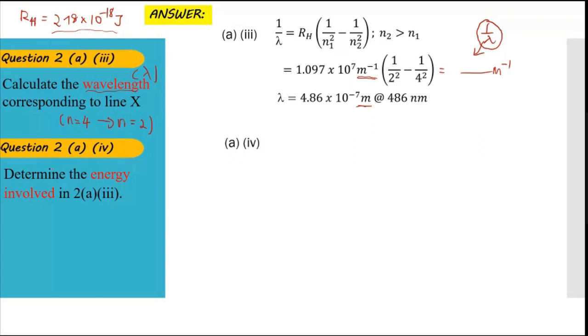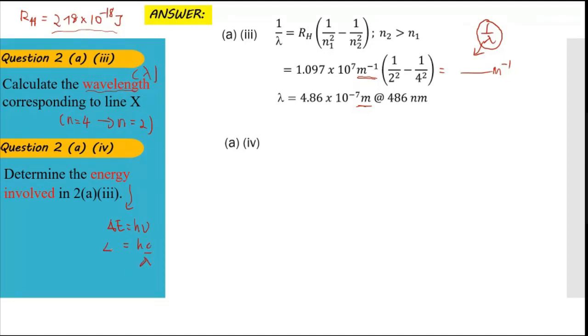Part 4, determine the energy involved. The energy here refers to the energy change, delta E. You have delta E equal to h nu, Planck's equation, hc over lambda.